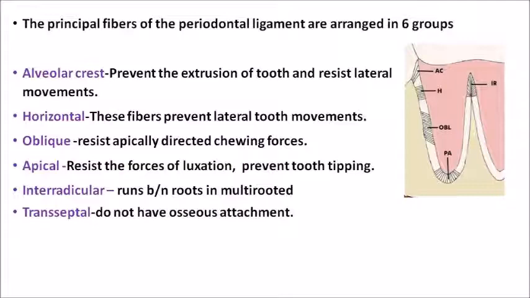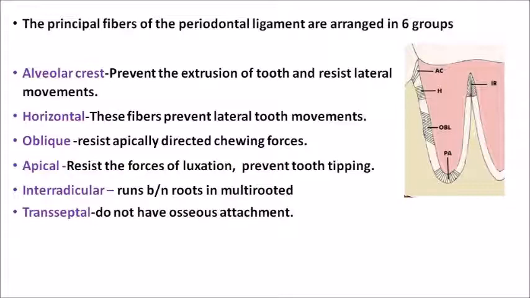They prevent the extrusion of the tooth and resist lateral movements. Second group is horizontal fibers. Look at the diagram. After the alveolar crest fibers, the next group of fibers are horizontal. Their direction is horizontal. These fibers prevent the lateral tooth movements.